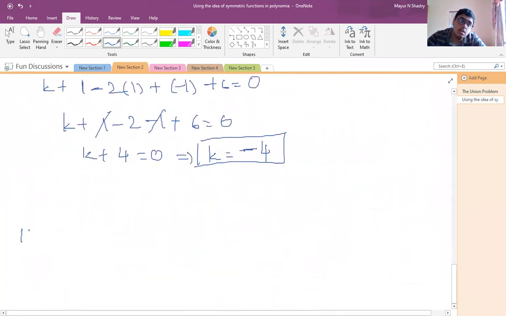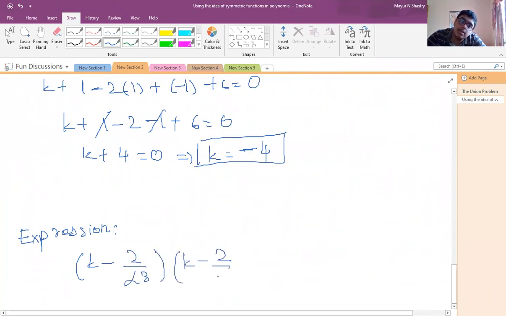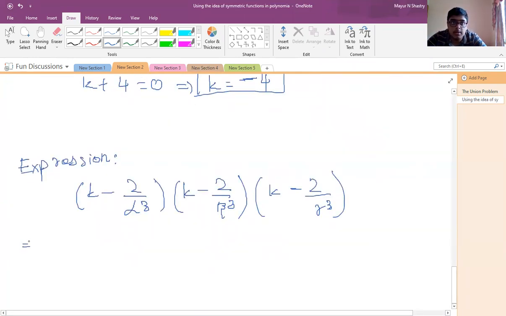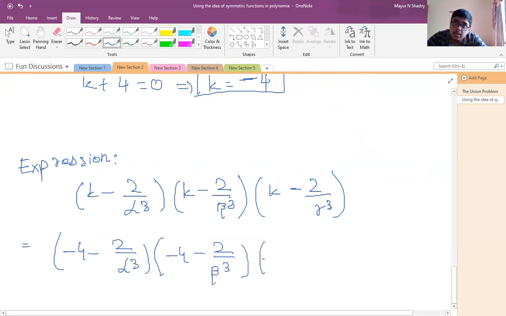So the expression was (K minus 2 by alpha cube) times (K minus 2 by beta cube) times (K minus 2 by gamma cube). So, and K is minus 4. So (minus 4 minus 2 by alpha cube) times (minus 4 minus 2 by beta cube) times (minus 4 minus 2 by gamma cube).